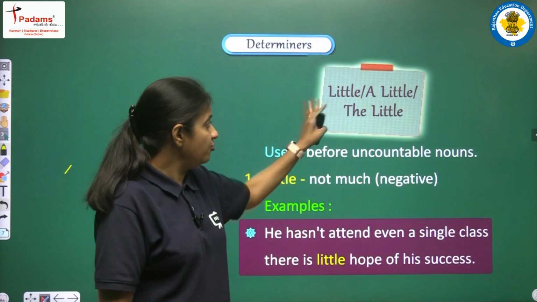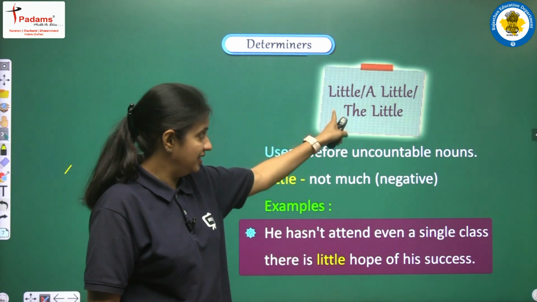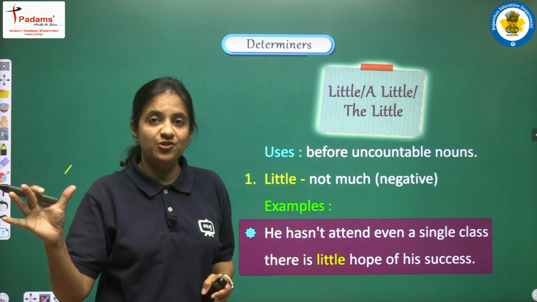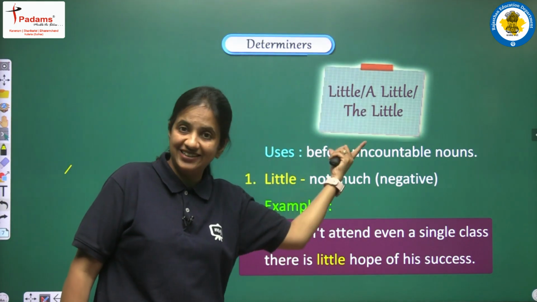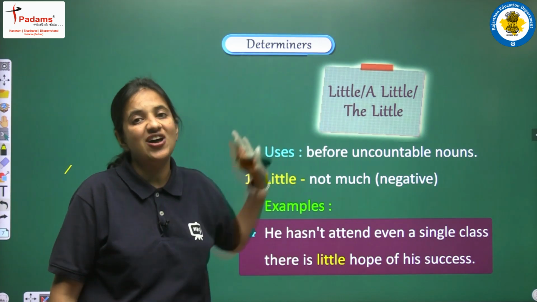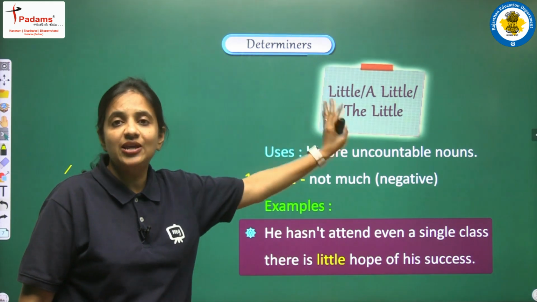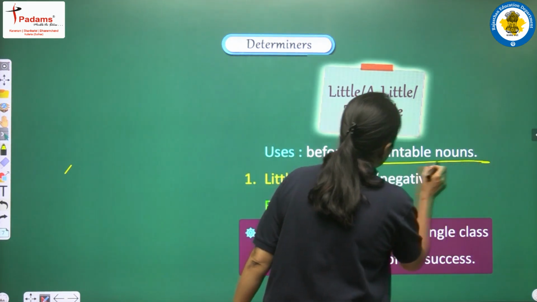Moving on, now we are having three more determiners. So now we will talk about little, a little and the little. So just like few, a few and the few, now we are having little, a little and the little. So now let's try to understand the difference. First of all, let's see where these three words are used. So yes, they are used before uncountable nouns.